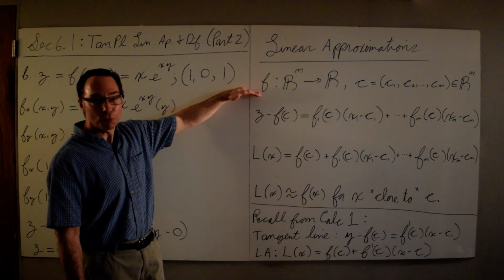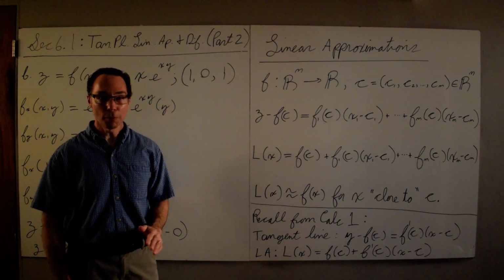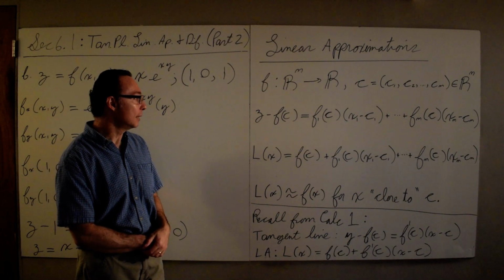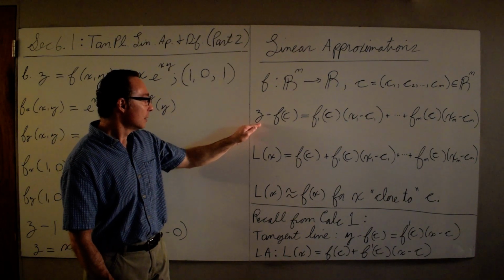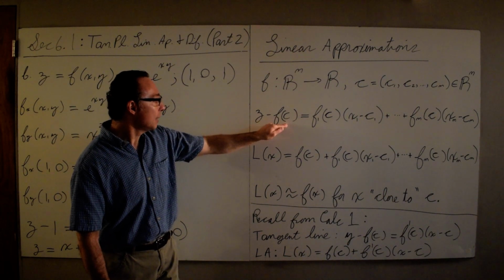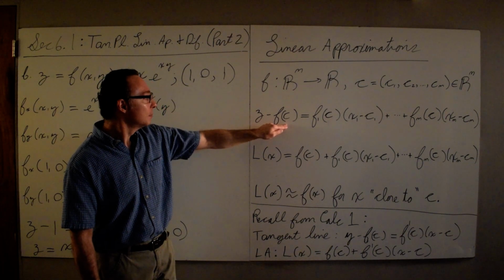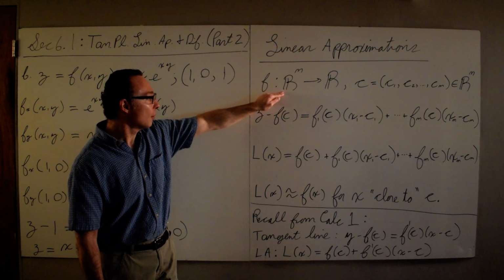But we get that function in pretty much the same way we do as the tangent plane. We take z minus f of c. So c is a point in R^n.